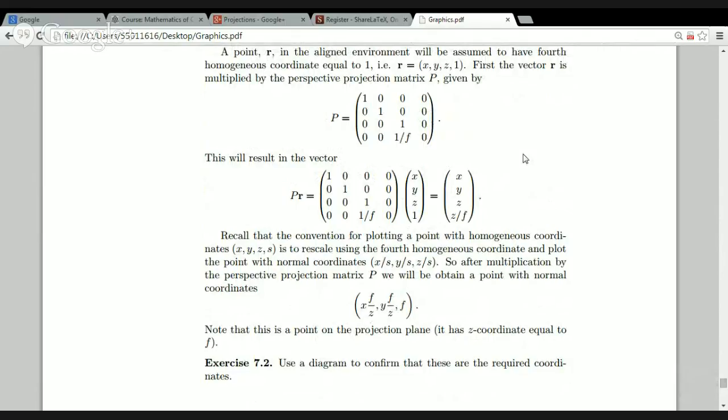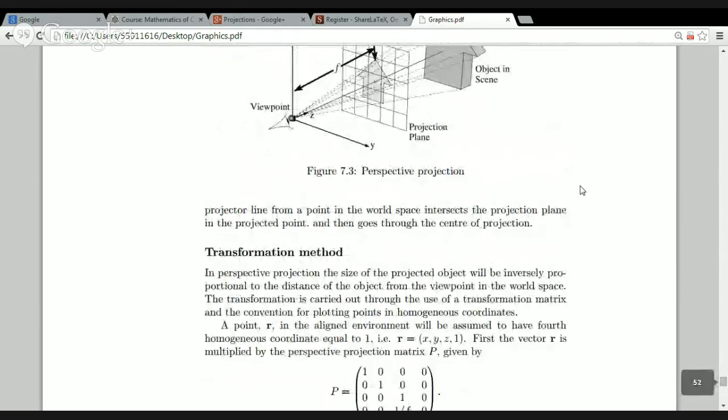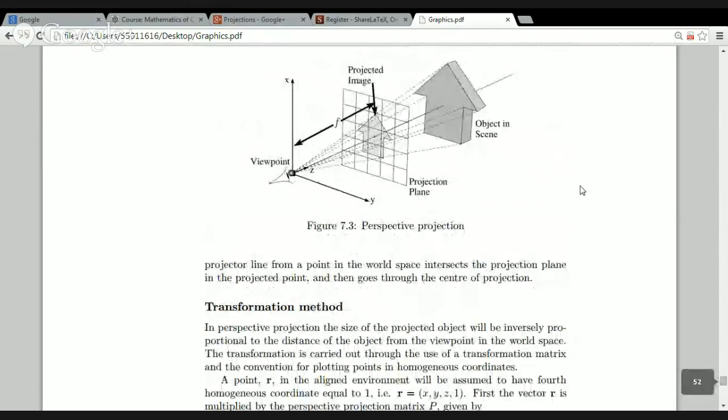Now, I don't want to rush that, so we'll pick that up in the next hour when I see you at 11. And we'll do the treatment of how you actually carry out the projection, and then look at some properties of it to do with vanishing points and so on. Okay, so I'll see you at 11.